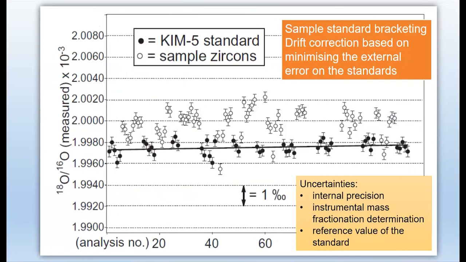This allows us to correct for instrument drift, because we can see through time where our reference values are plotting relative to where we know they should plot based on the true standard value. So in terms of the uncertainties we are left to deal with, there is the internal precision on the measurement itself, any instrument mass fractionation, and also any uncertainty in the reference material itself.